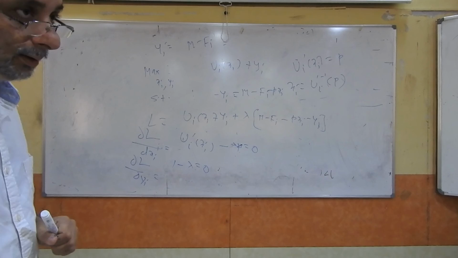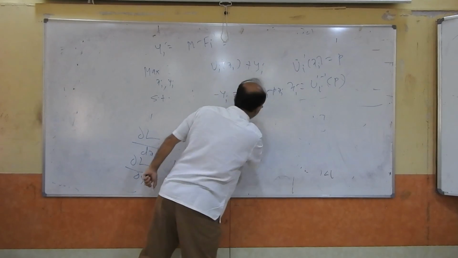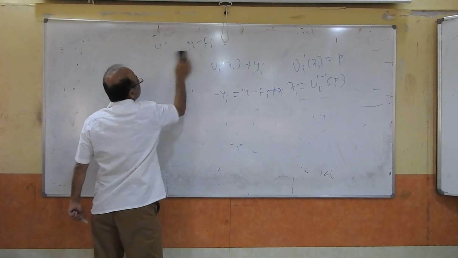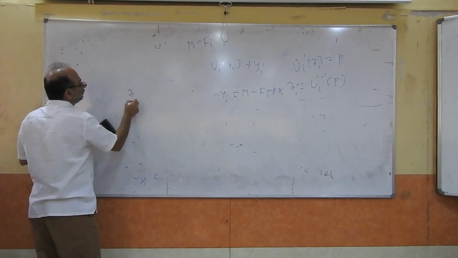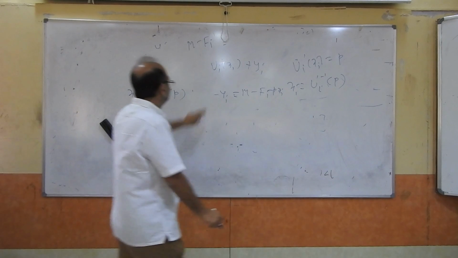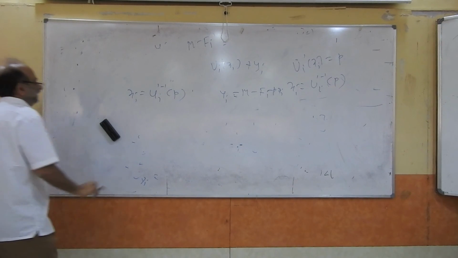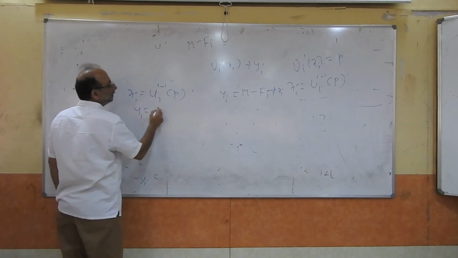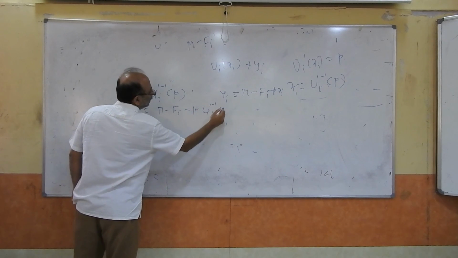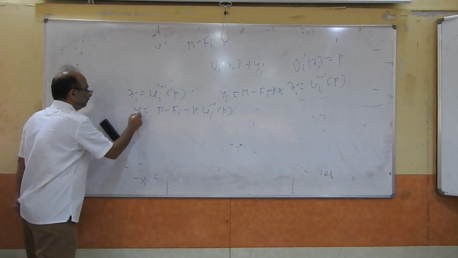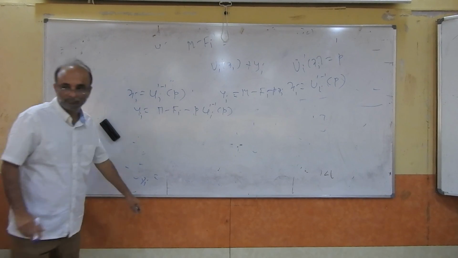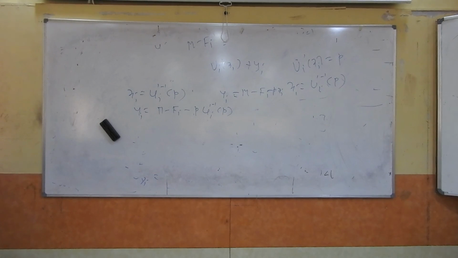From which it follows that we have xi, so it's plus. Y should be plus, right? Okay.